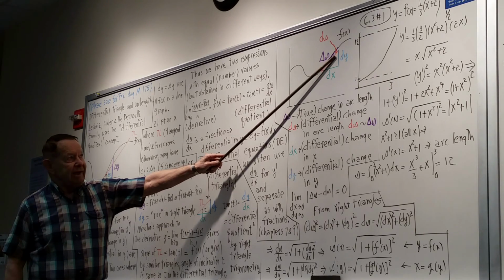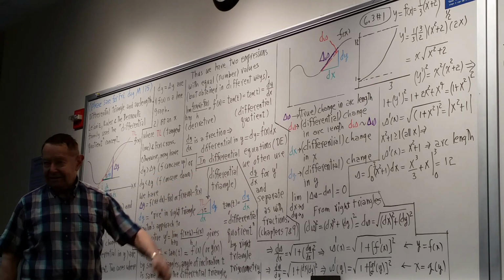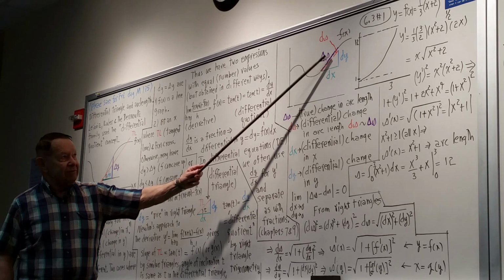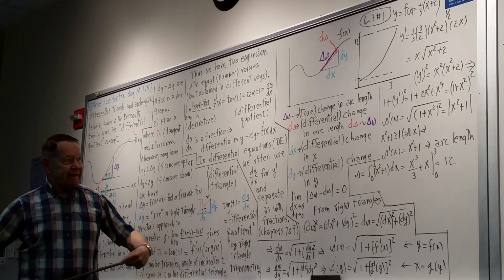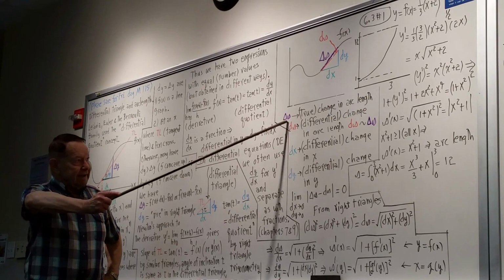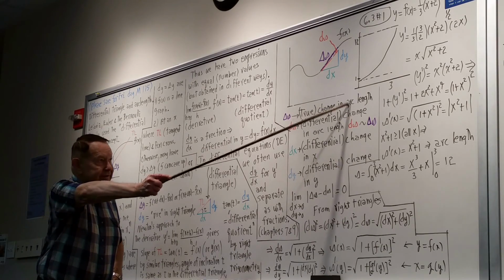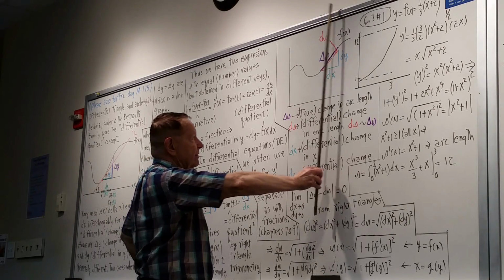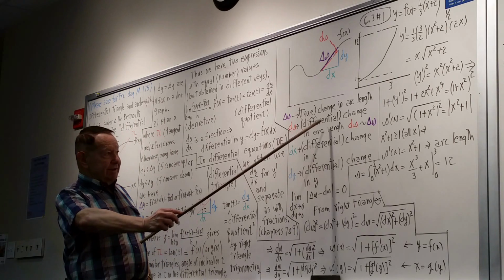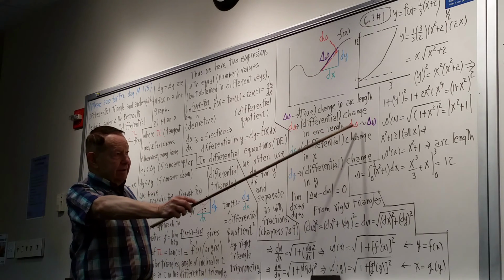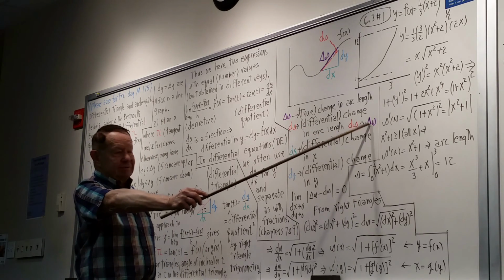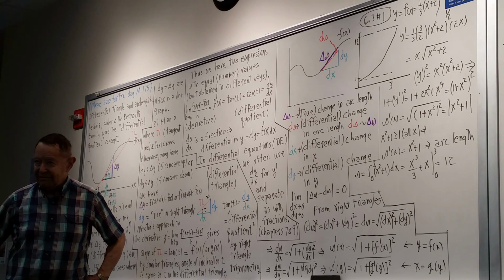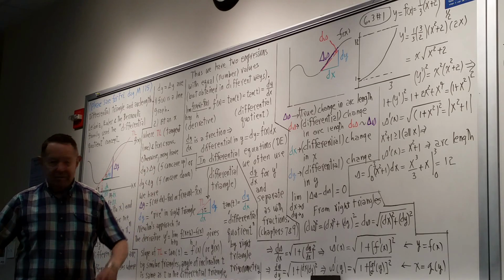You can see that the red and the purple are not exactly the same, but the red is a reasonable approximation, and if delta S is the true change in arc length, as x goes from here to here, and ds is the differential change, then the differential is approximately the truth. Could be more, could be less, depending on how the curve bends.